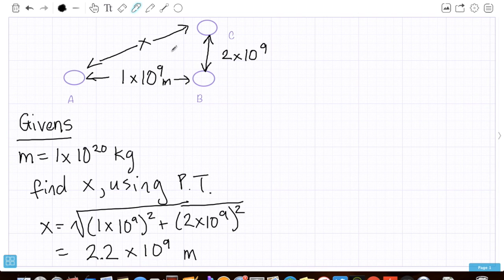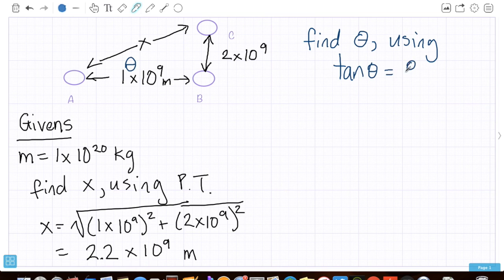Now, what else will be useful is this angle here. There's an angle right there, and we're going to look for that by using the tan ratio. The reason I use the tan ratio is because we have been given these sides.